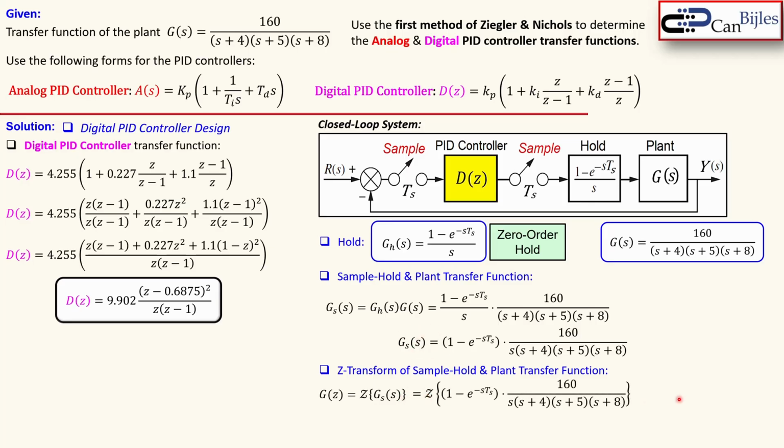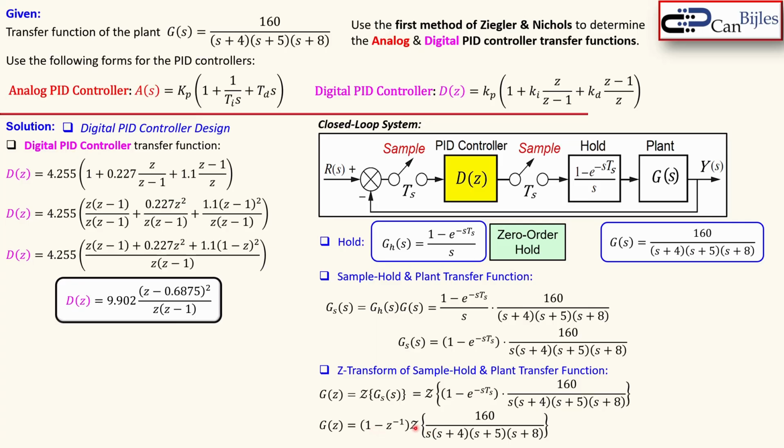Now that can be done like so, and we can recognize that e to the power minus sTs can also be written as z to the power minus 1. That is of course the definition of the Z transform, so that can be replaced. And since this is only a part or a parameter of Z, we can take it out, because we need to transform the s parameters into z parameters. So this is z, so we can take it out.